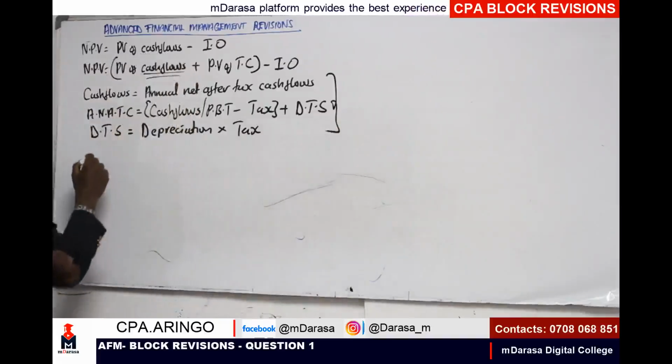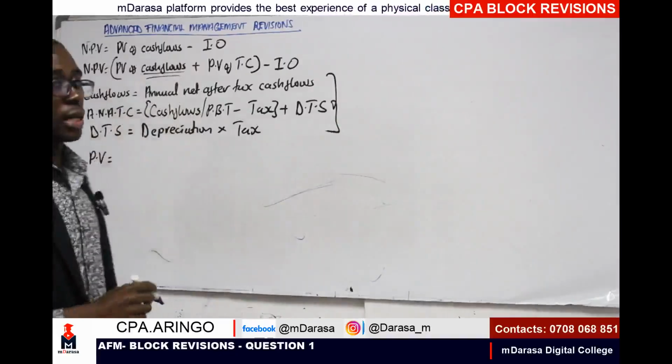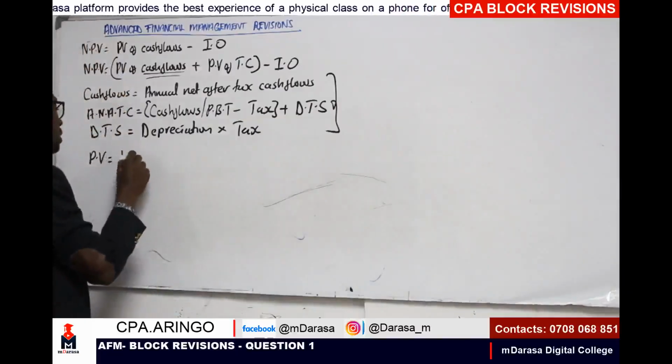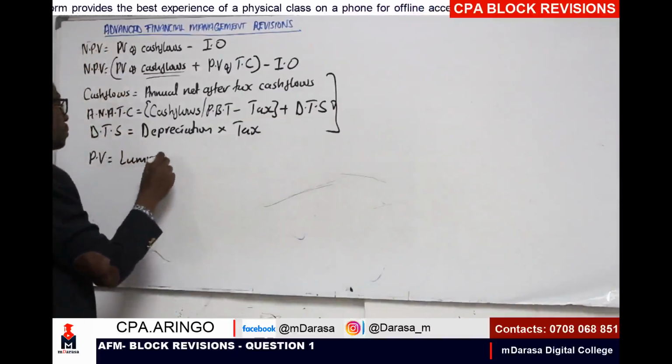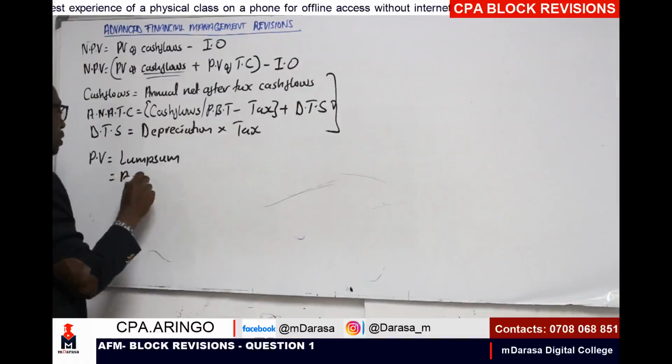What about the other segment, present value? Present value, it will depend. If you're having lump sum, or if you're talking of annuity.